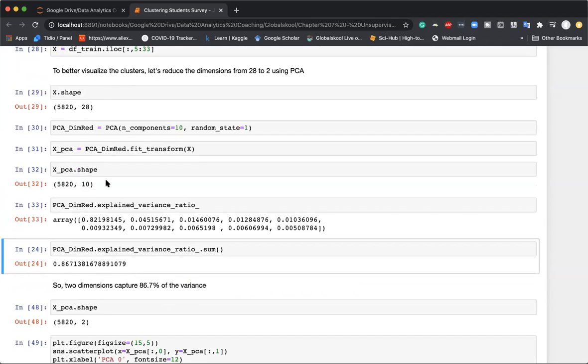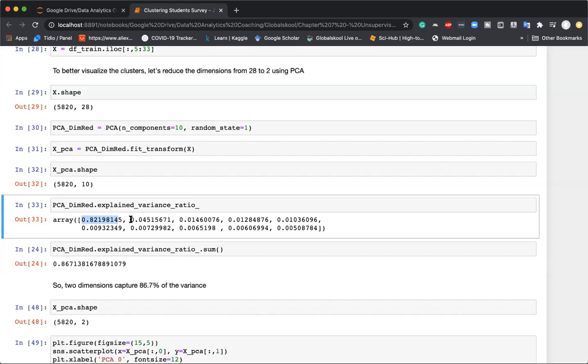Okay, we can see how the explained variance changes with 10 columns. The first column has 82, second column has 4.5, third has 1.4%, then 1.2, 1, 0.9, 0.7, 0.6, 0.6, 0.5. So as we keep on adding columns, each additional column adds a delta change, and the delta change is smaller than the previous column that we had.